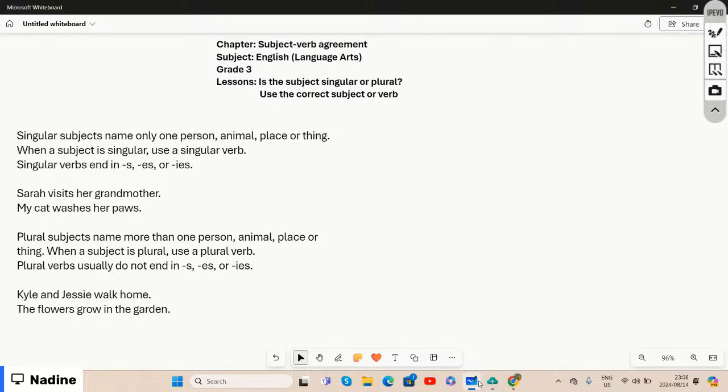So when a subject is singular, then we need to use a singular verb. And that is why we say that our subject needs to agree with our verb. So when a subject is singular, then we need to agree with our singular verb.